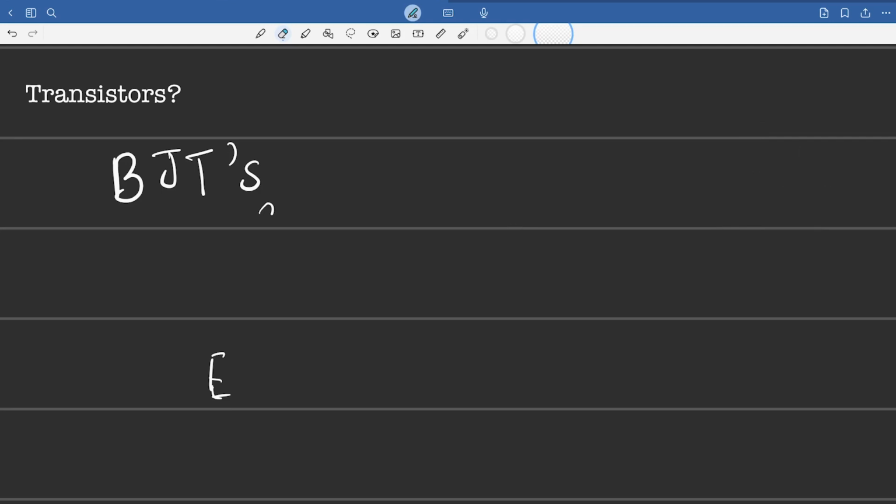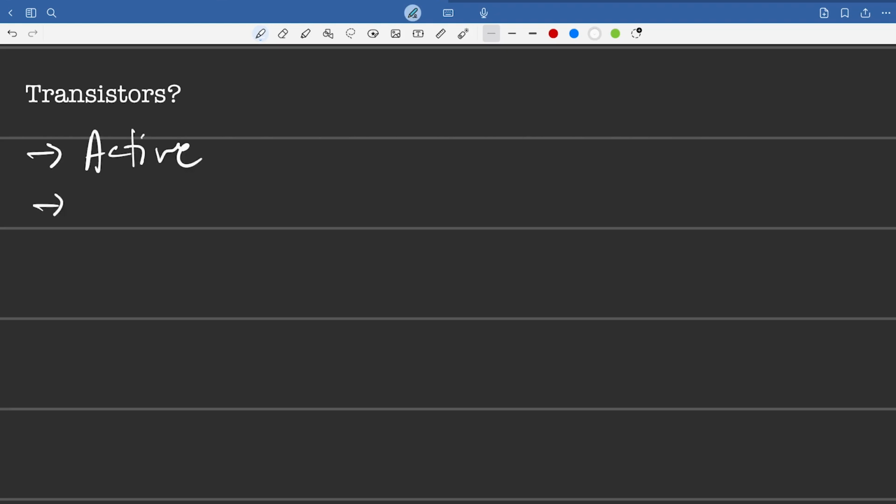Now, moving on, let's discuss the regions of an NPN. In an NPN, we have 3 regions. We have an active region. We have a saturation region.